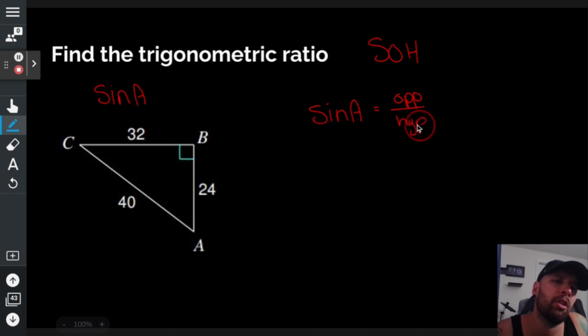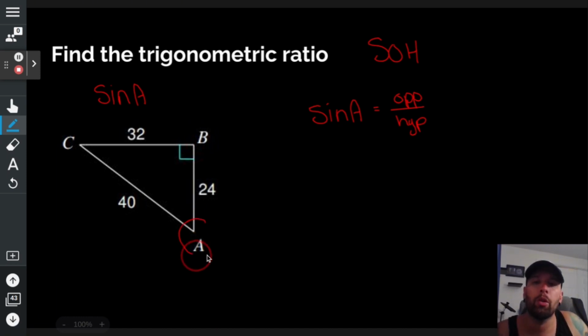Again, this is all in relation to what angle I'm dealing with, and we're dealing with A. So I need to find the side opposite of A, and it's 32. I also need the hypotenuse, and the hypotenuse is always the hypotenuse, 40.